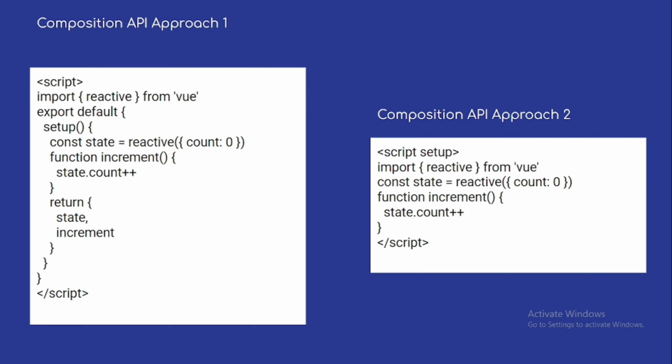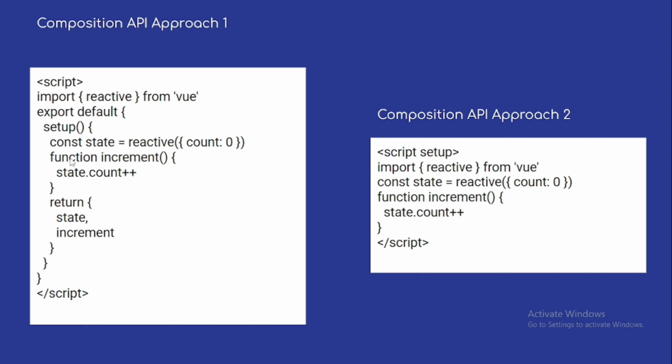Composition API can also be written in two different techniques. You can see the script tag here, and some samples. In the first approach, you can see the setup method. Whatever logic we have to write should be added into this setup. This is the default method for the composition API.